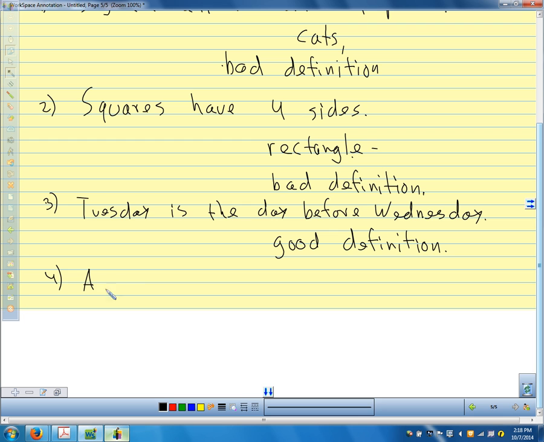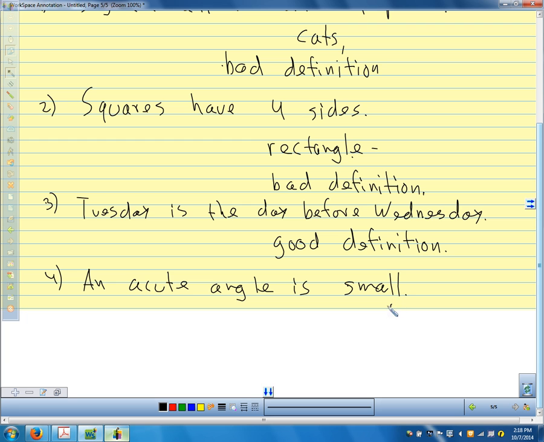Last one. An acute angle is small. That's my definition of an acute angle. No? That's like an opinion. What do we mean by small, right? It could be 89 degrees. So what's the problem with this definition?